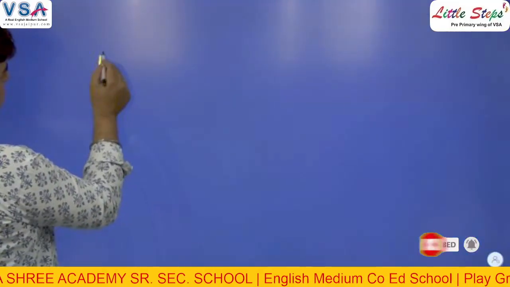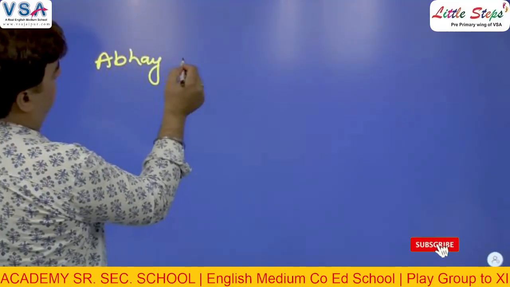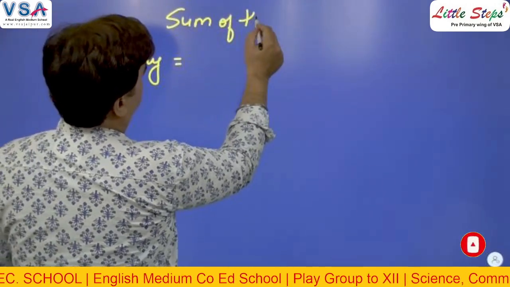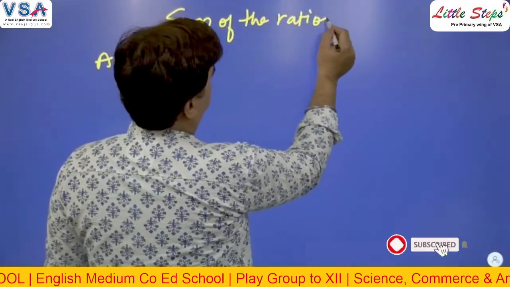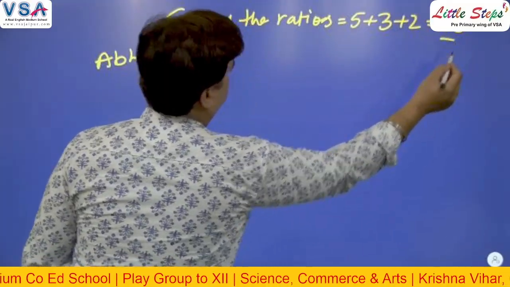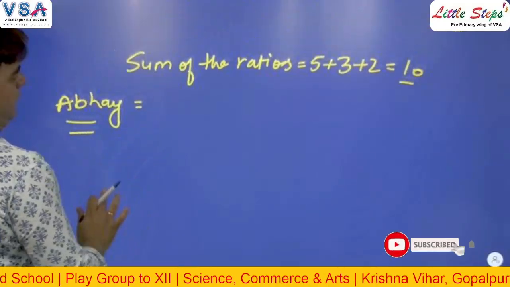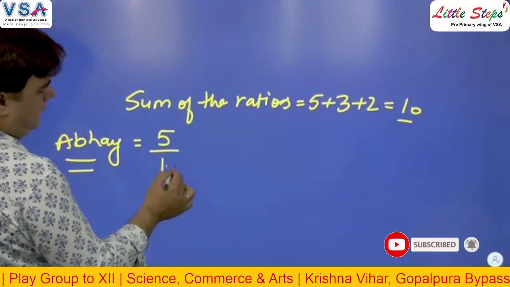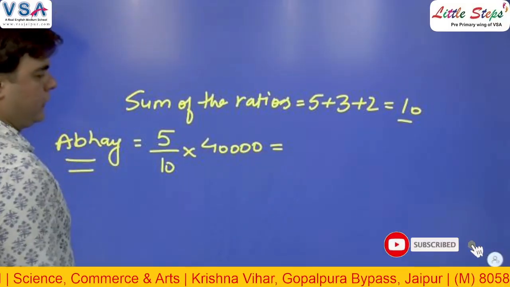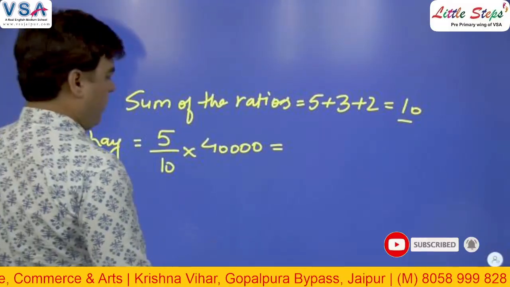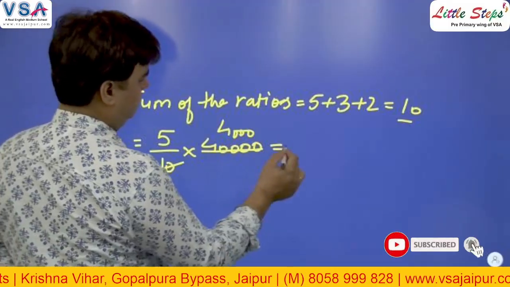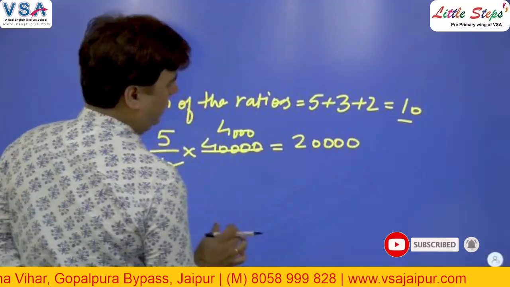So for Abhay, how much the profit will be? First of all, what we'll do, sum of the ratios, and that is 5:3:2, that is equal to 10. Simply we have to calculate the part of Abhay, so we'll divide it by the whole ratio and multiply it by the profit. So out of 40,000, how much part will be provided to Abhay? This will be 4,000 and 20,000, right?